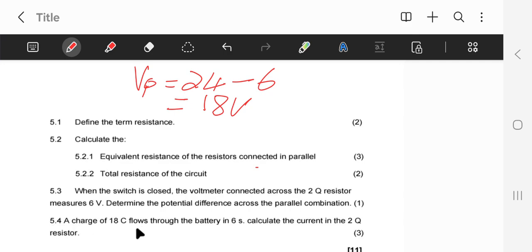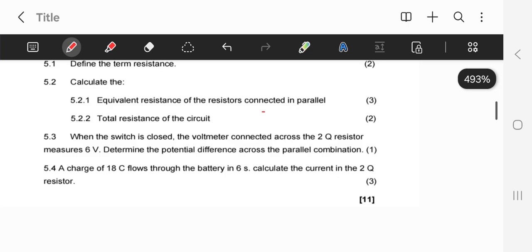Now we go to the last question. 5.4 says, a charge of 18 coulombs flows through the battery in 6 seconds. Calculate the current in the 2 ohm resistor. Let's remember that on the 2 ohm resistor, we are going to have the total current flowing through that resistor. To answer this question, this is the formula that we use.